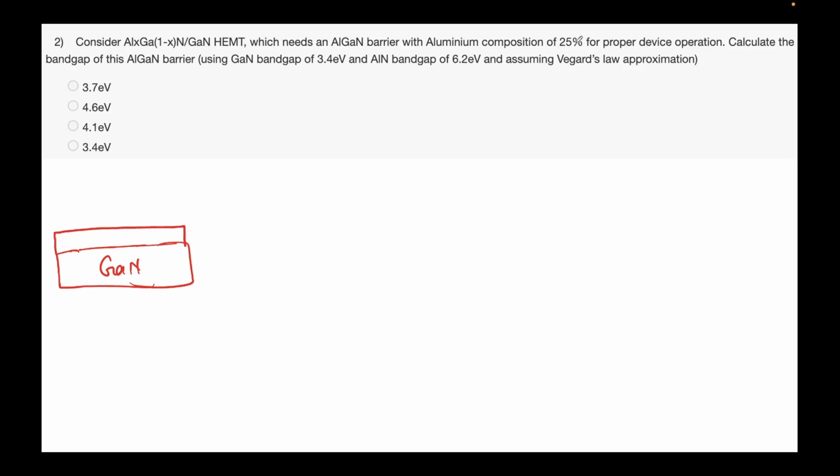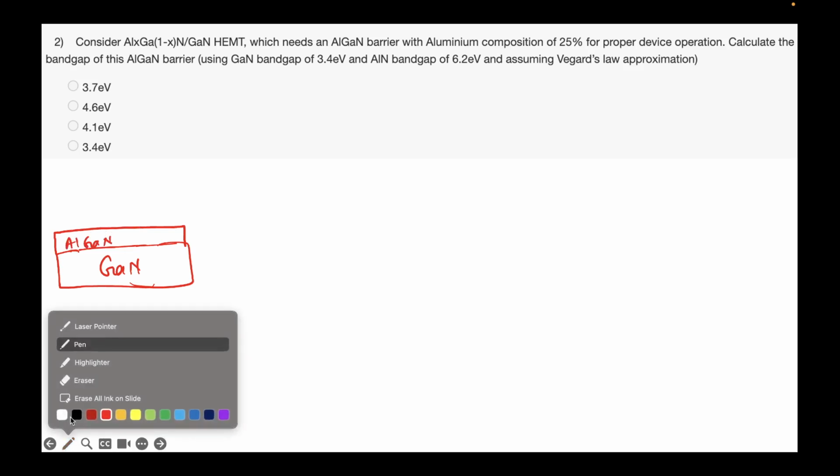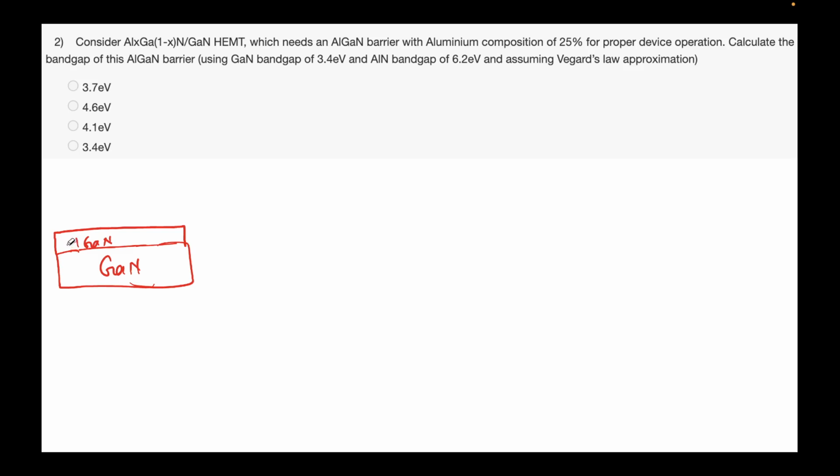where it's 25% aluminum, so I can write it as 25% AlGaN. I'll write it like this. HEMT is nothing but you make source, drain, gate and whatnot, but this is the material stack, which we also call the epitaxial stack.